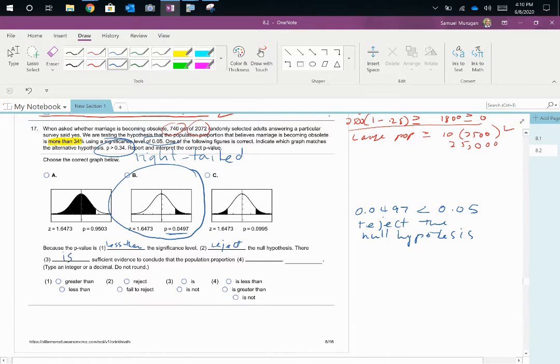There is sufficient evidence to conclude that the population proportion is greater than 0.34.